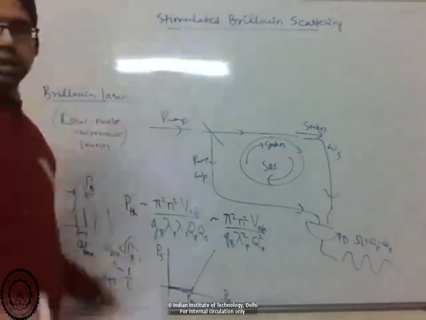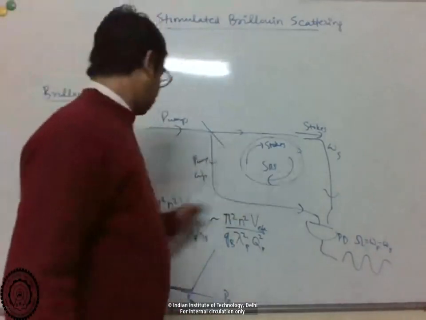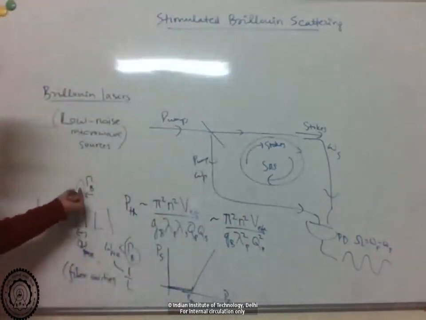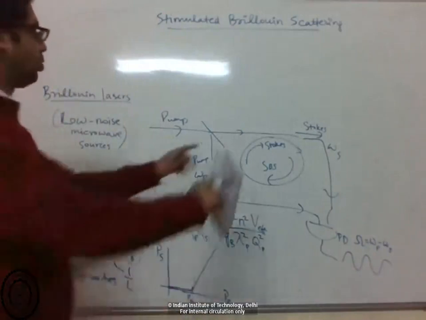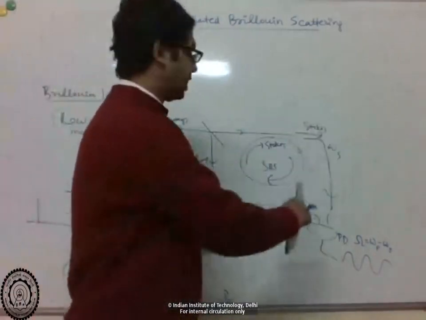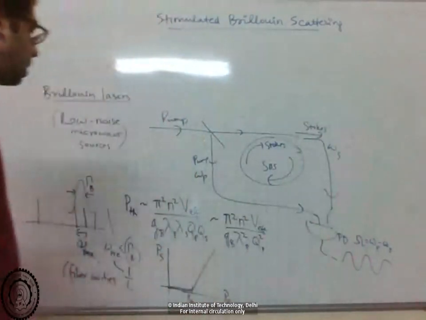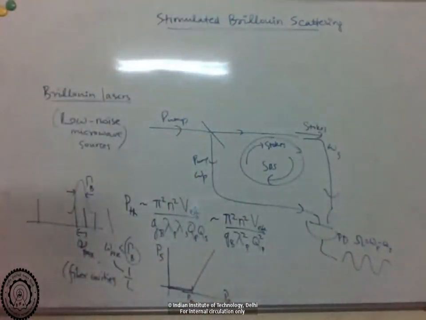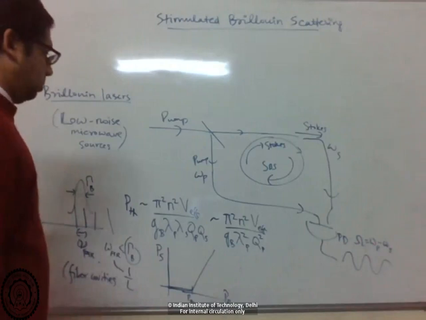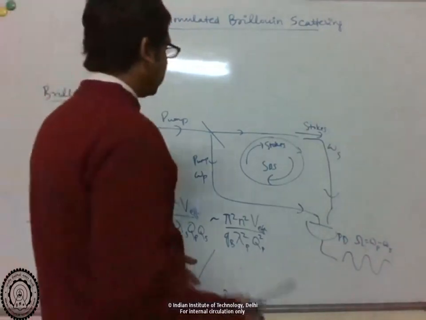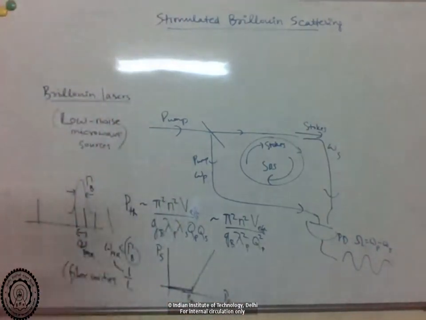So we need a really long length to ensure that the FSR is small enough. You can do this with fiber-based cavities where you can make them many meters long, and that's how fiber Brillouin lasers are made.